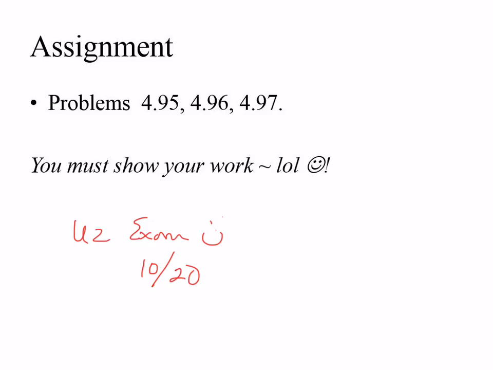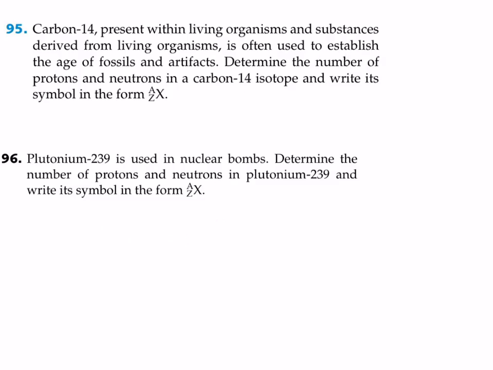So let's take a look at these right quick. Okay, so it looks like this. The first 2 problems are kind of like the other problem. I know there's a lot of words there, but all it is, we're trying to go to that form where you put the symbol of the element, which in this case is C for carbon.